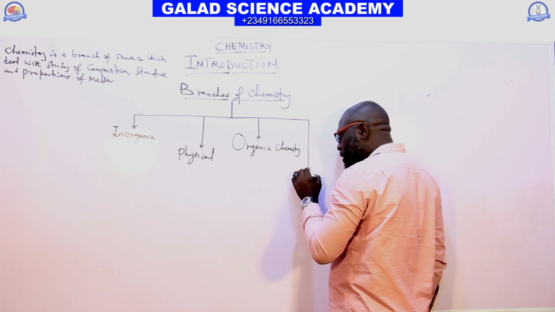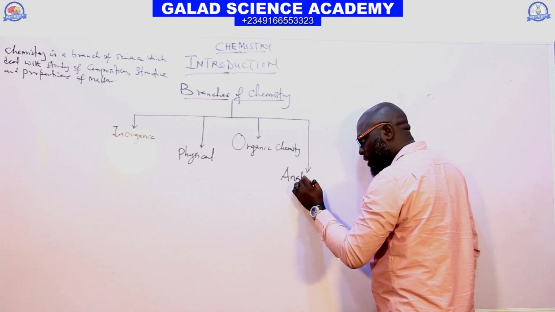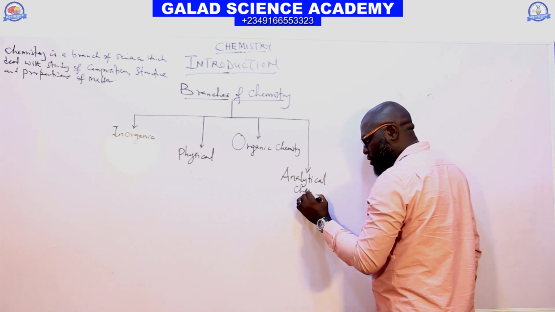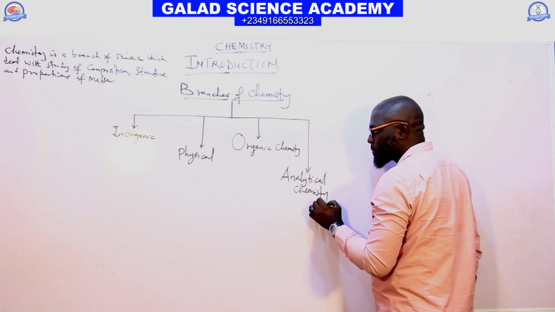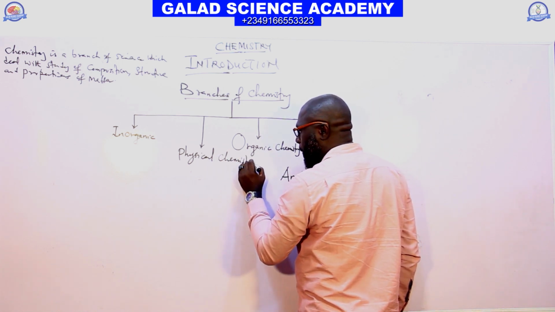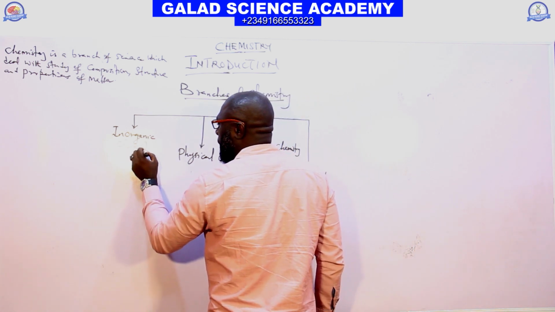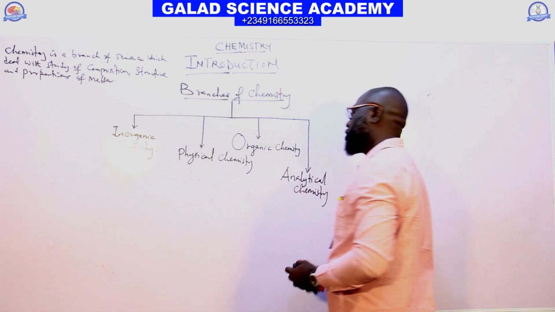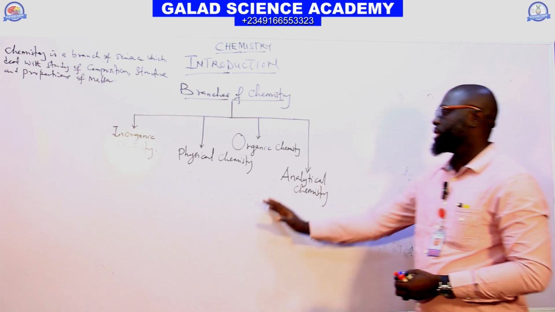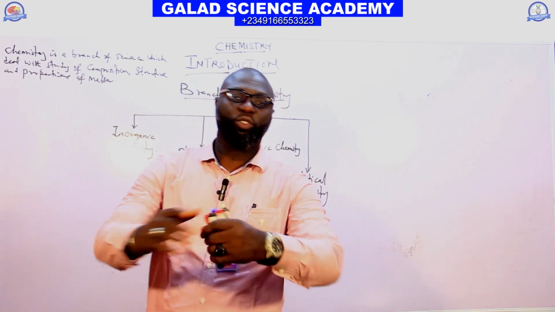The last one we have is analytical chemistry. So those are the 4 main branches of chemistry.